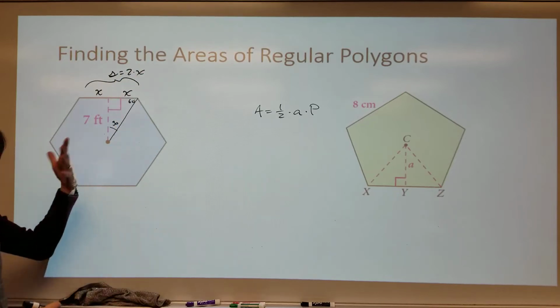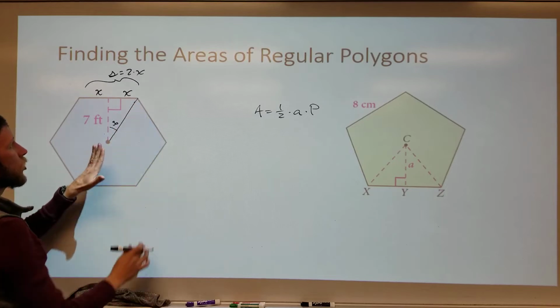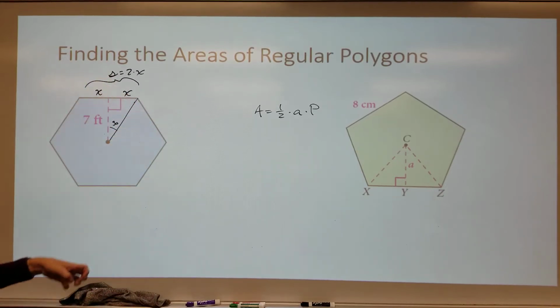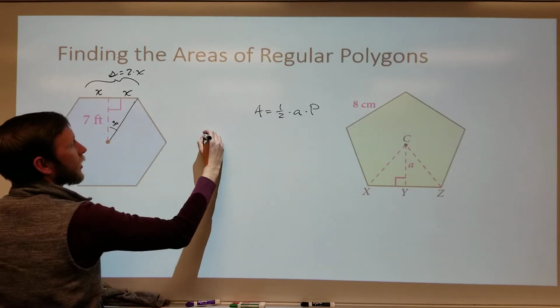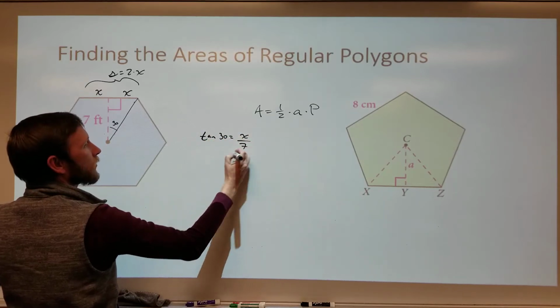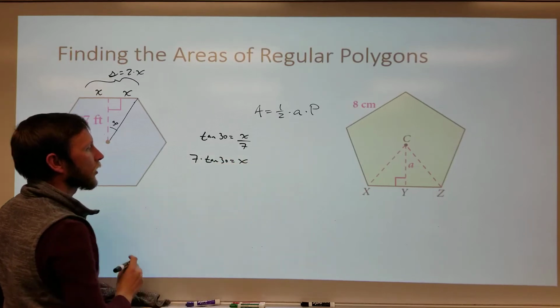So let's use some trigonometry to solve for x. I can use 30 degrees or 60 degrees, but I'm going to go ahead and use 30. And we're going to write a decimal approximation for the value of x. I'll say that in this case, the tangent of 30 degrees is equal to x over 7. So 7 times the tangent of 30 is equal to x.